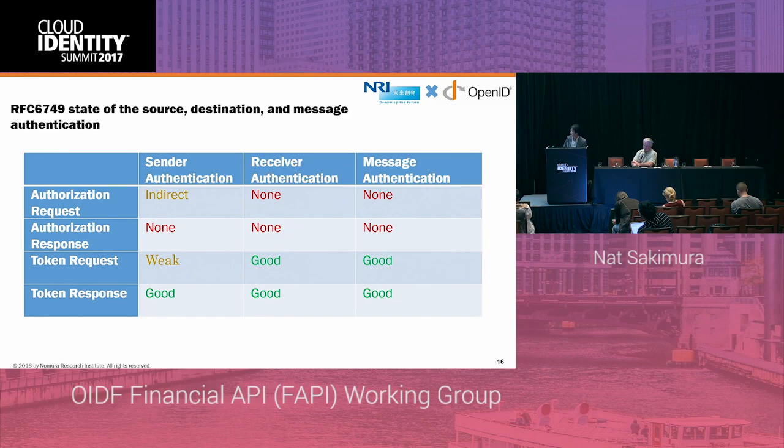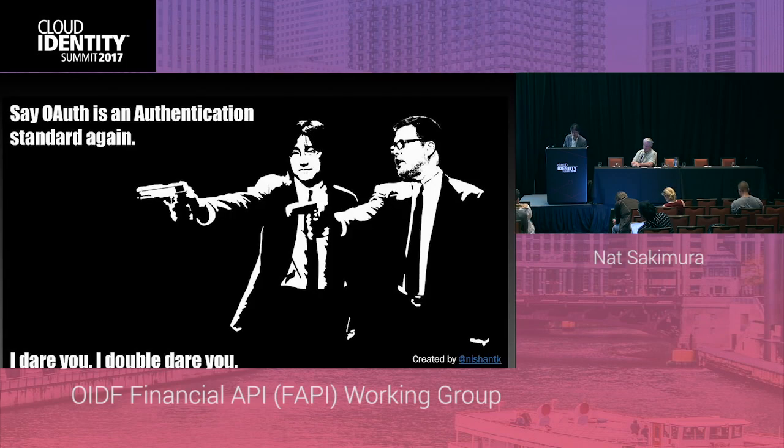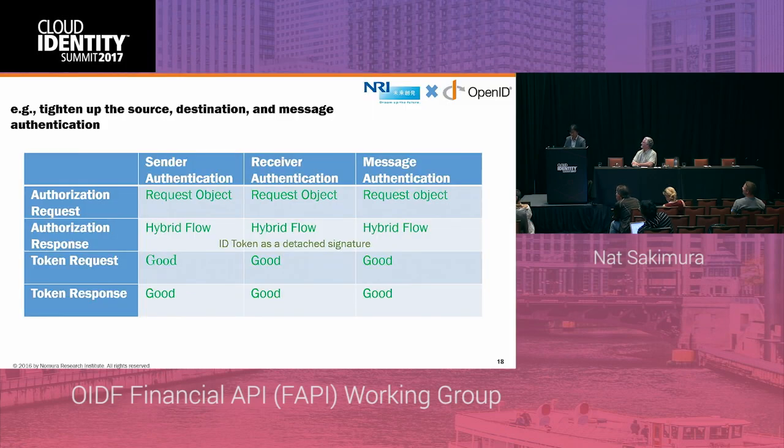It's almost non-existent. And that's one of the reasons why John keeps saying that OAuth is not an authentication standard, right? And in part 1 and part 2 combined, we address everything using request object and hybrid flow.